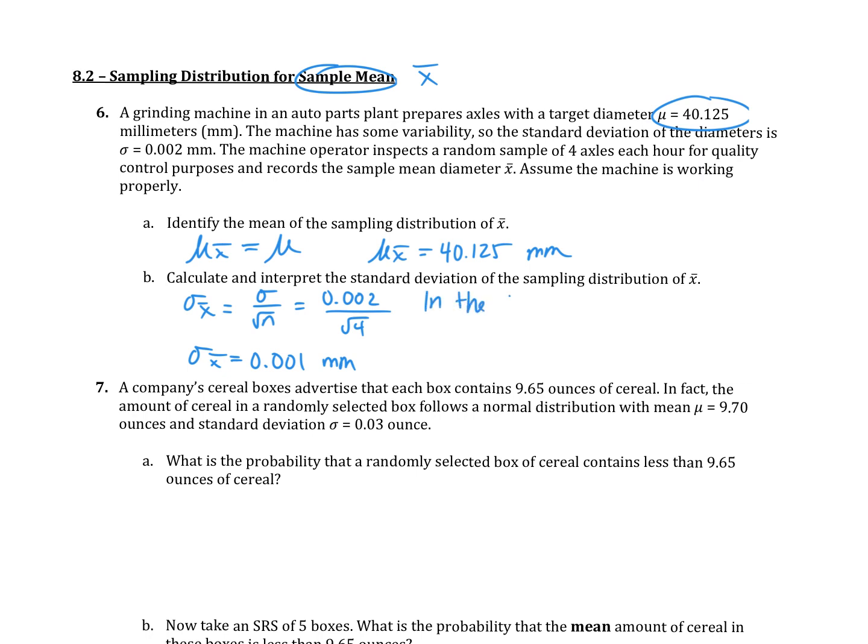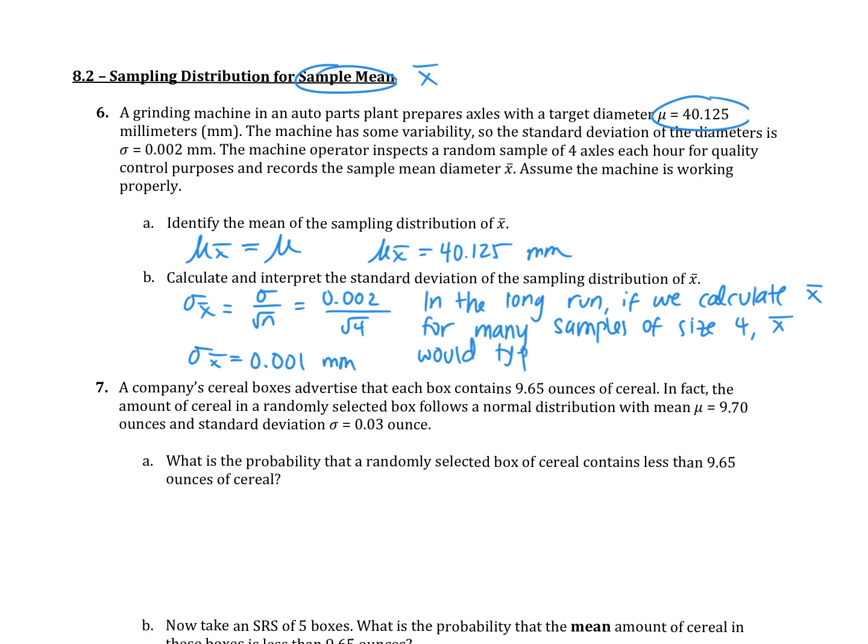In the long run, if we calculate x bar for many samples of size 4, x bar would typically deviate from the center, which is 40.125 millimeters, by 0.001 millimeters.